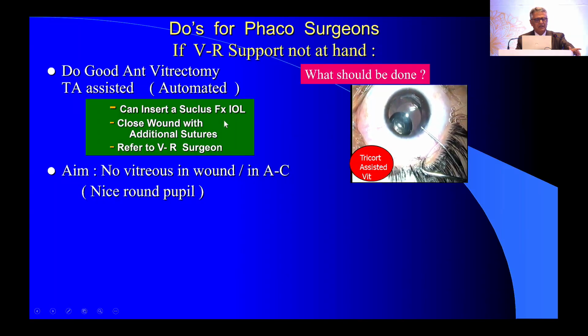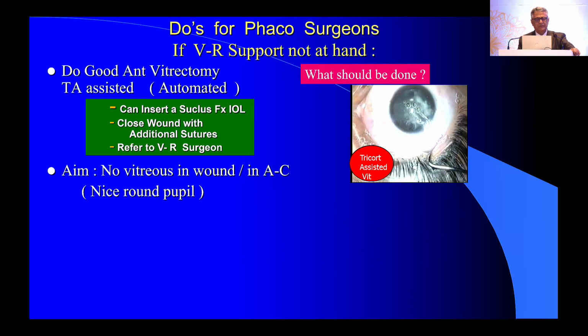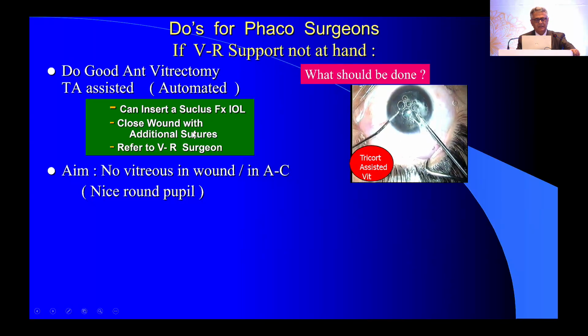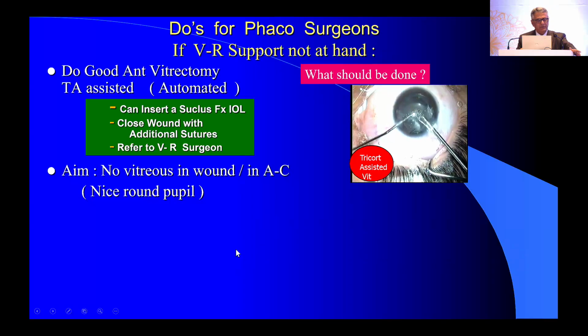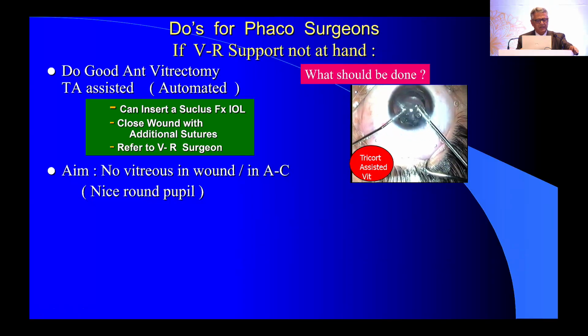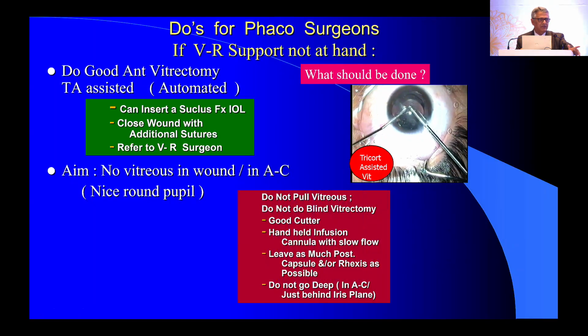If you have done an anterior segment vitrectomy with the triamcinolone, you can still go ahead and put the lens on the anterior capsule, in the bag, but ensure that the wound is secure, and then maybe follow-up can be done by a VR surgeon. Aim is that there should be no vitreous and should be a nice round pupil. That is, I think, the end point of doing a good vitrectomy. And never pull the vitreous. And do not do a blind vitrectomy, which I think Sanjay alluded to very nicely.